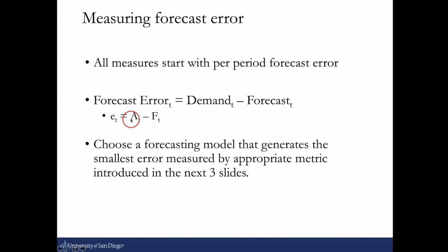And the difference will give you the error, right? Or the absolute deviation from the realized demand given a forecast. So in the next 3 slides, we will go through 3 different forecast error measurement techniques. And in general, we want a forecasting model that generates the smallest error.